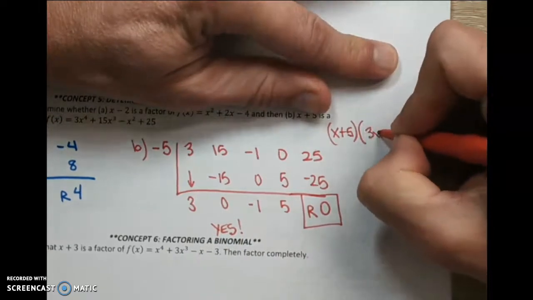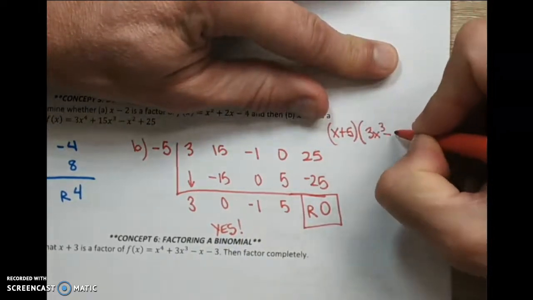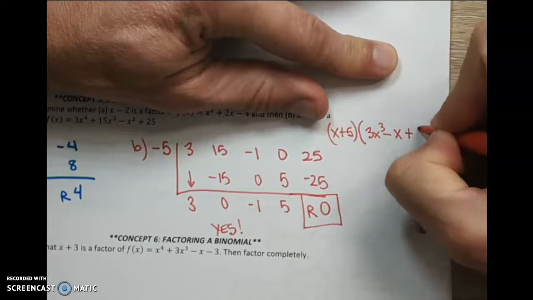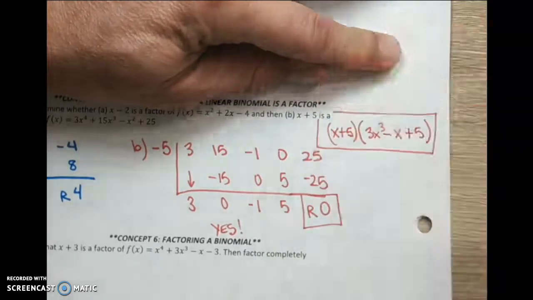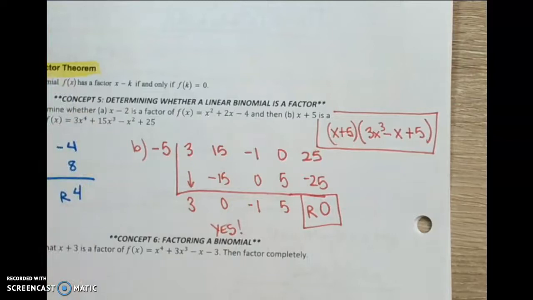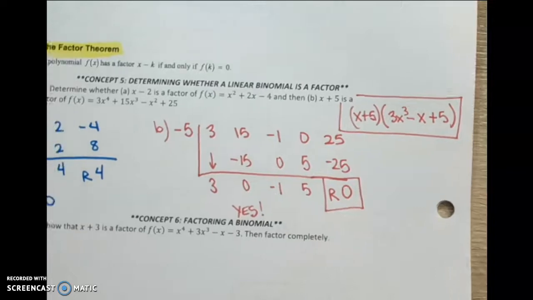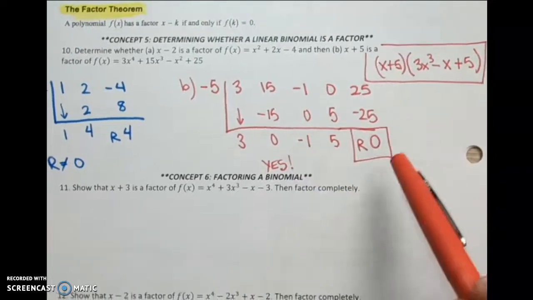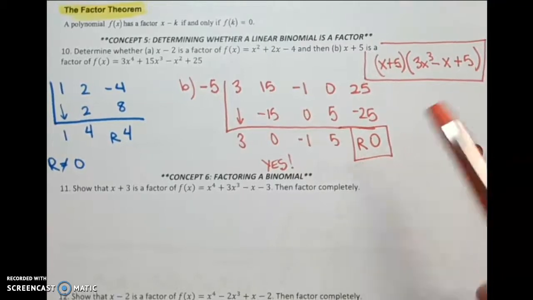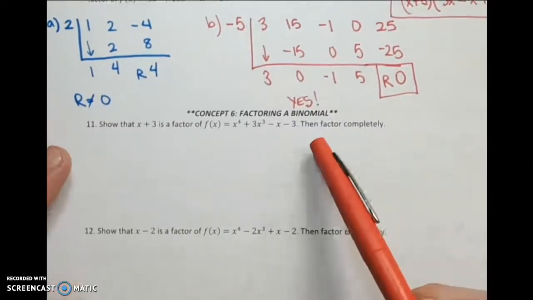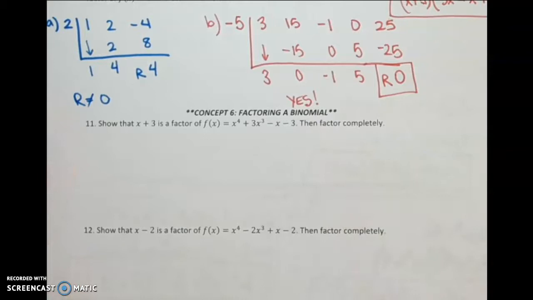So 3x cubed minus x plus 5. Those are now my two factors. And that is what we're going to use it for. Even though that's not what was asked initially, just does it have a remainder of 0? Yes. But we're going to continue with concept 6.